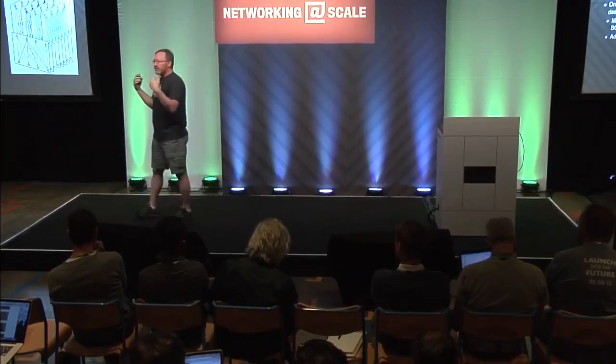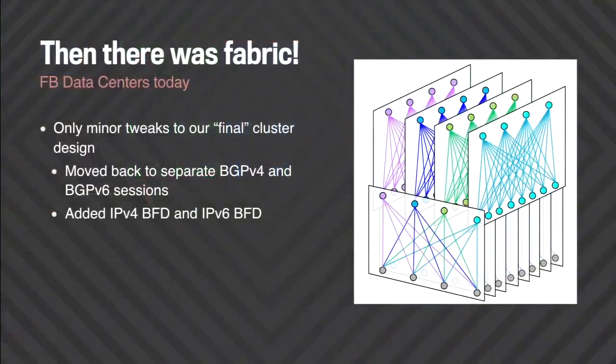And this brings us full circle back to Fabric. When we built Fabric, we felt very, very comfortable with our general BGP, or I should say IPv6 setup. So what did we tweak? We made relatively minor tweaks. We went back to dual session. We like dual session.